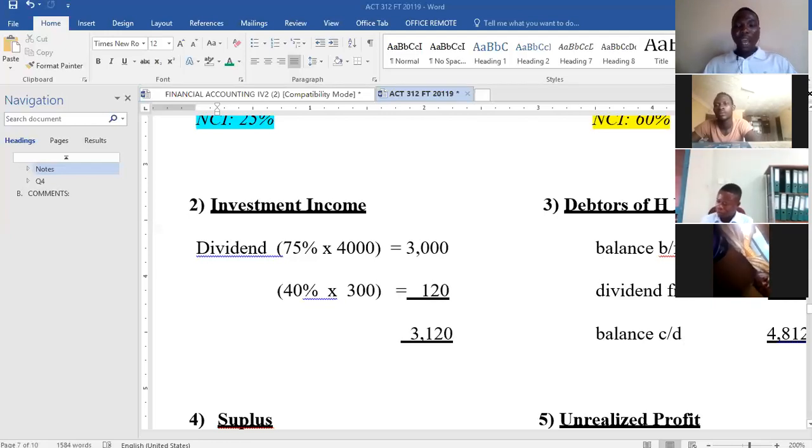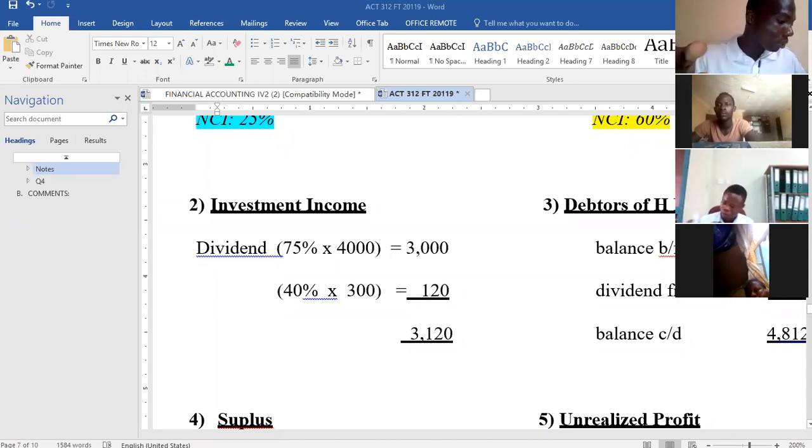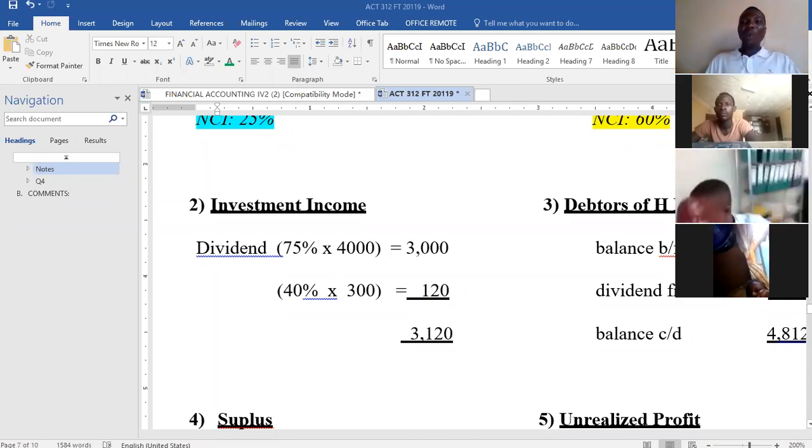If I had recorded that income, it would have affected my profits, and we record dividend in our other comprehensive income. Because we did not record that dividend, our income surplus in the books of 90,000 has been understated by 3,120.